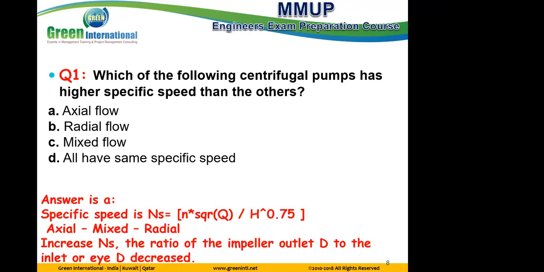A. Axial flow. This is a higher specific speed. And also be aware, specific speed is equal to N multiplied by square root of Q divided by H to the power 0.75. Also, this is the order from higher to lower: axial, then mixed, then radial.